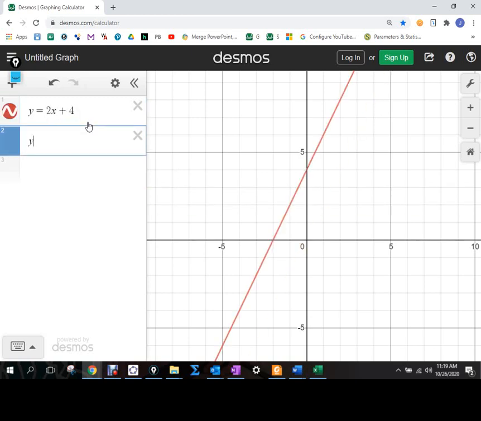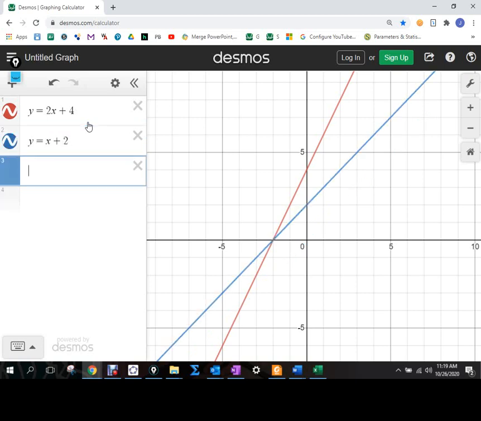And we have y equals x plus 2, okay, it generates those graphs pretty quickly for us, correct? Click on where you think they intersect, and it will show you where they intersect. That make sense? Okay.